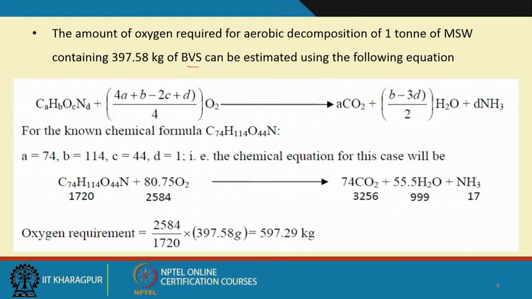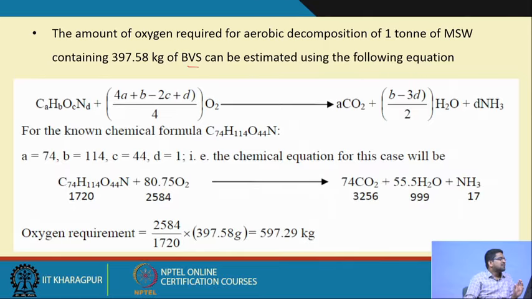Here CaHbOcNd is the chemical formula, and we have been provided with the chemical formula C74H114O44N. So a is 74, b is 114, c is 44 and d is 1.